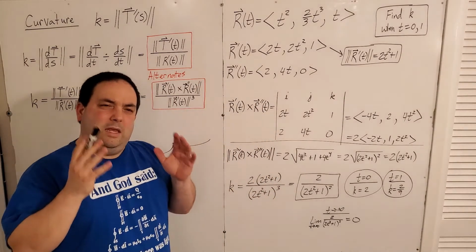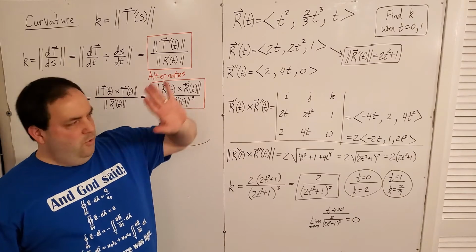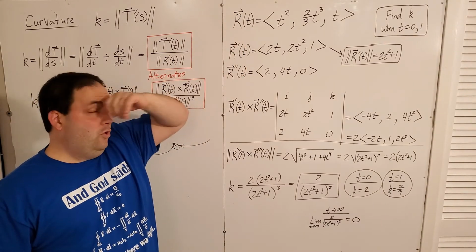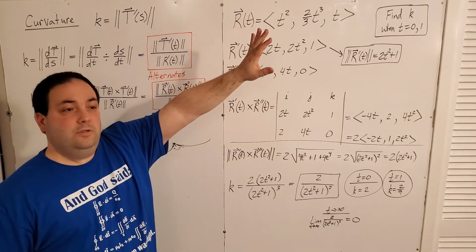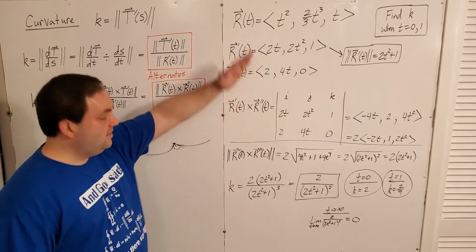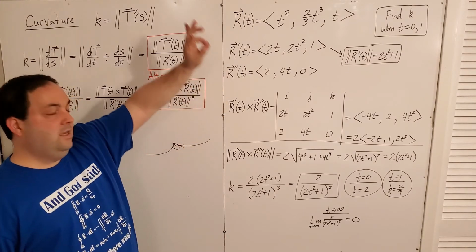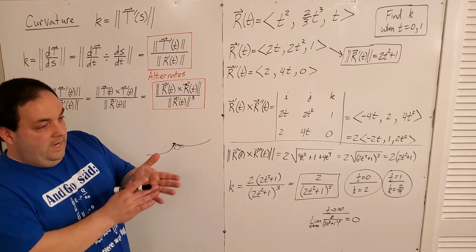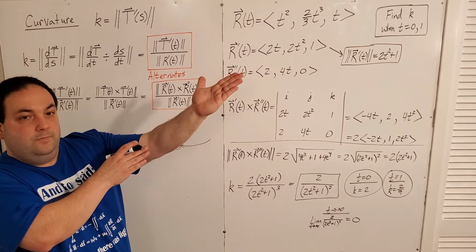Well, what does that mean? It means if you could go all the way out to infinity, right? If you could, we can't really do that, but as you go out, the curvature approaches 0. So this curve, as it goes further out, as t counts it out into infinity, it begins to just straighten out, right?